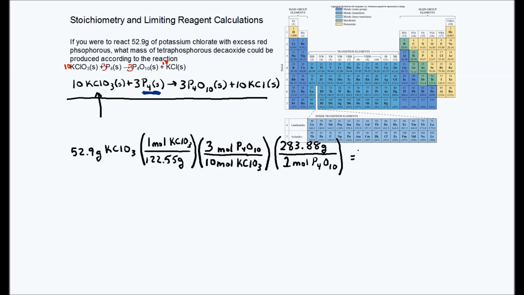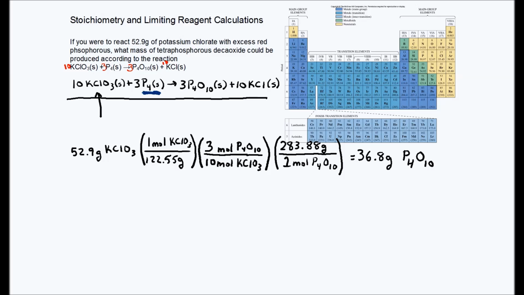Now doing the math, 52.9 divided by 122.55 times 3 divided by 10 times 283.88 divided by 1, and I get the amount of 36.8 grams of P4O10.